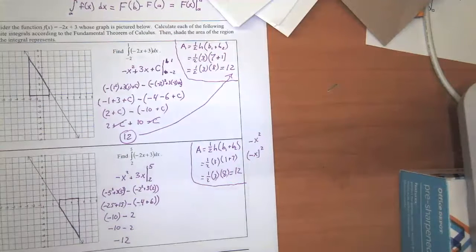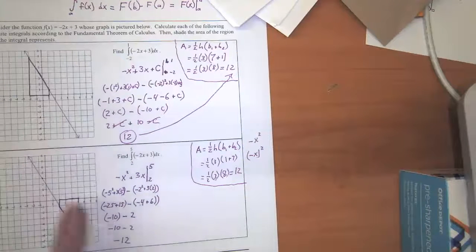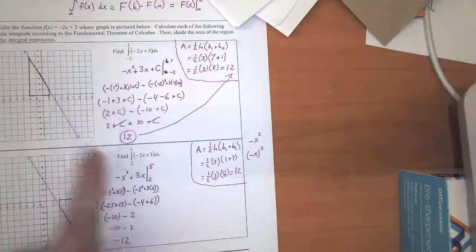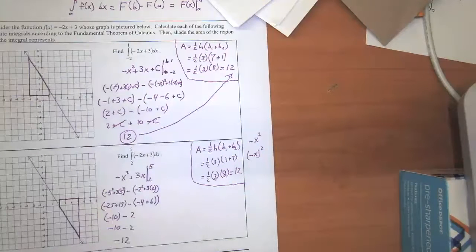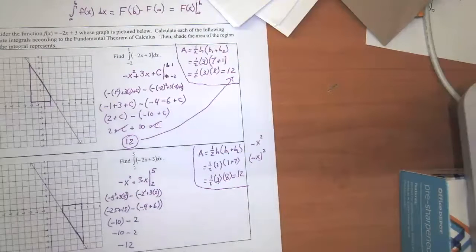I'm not sure how often I've mentioned it before, and whether it came up in one of these videos or not. I think it did, but it was really a notion I made in passing: when we're calculating the area between a curve and the x-axis, we're going to count areas below the x-axis as negative areas. So this is going to indicate an area of negative 12, and this area is all above the x-axis, so that's going to be an area of positive 12, even though these two trapezoids are congruent to each other.